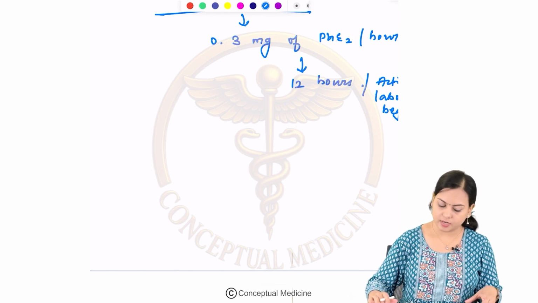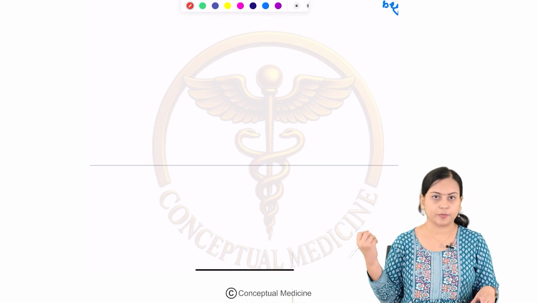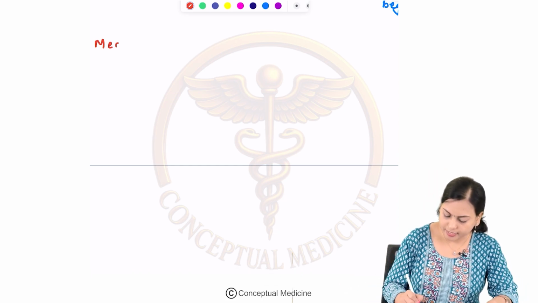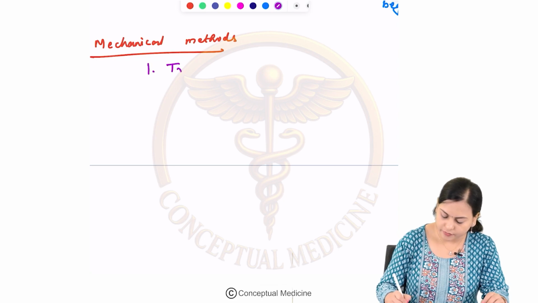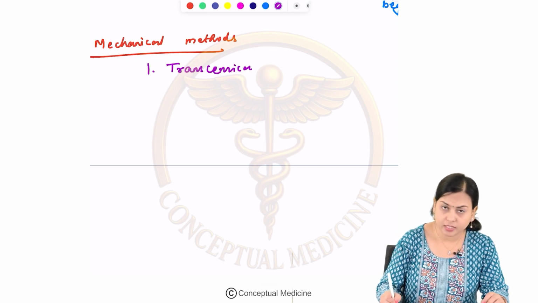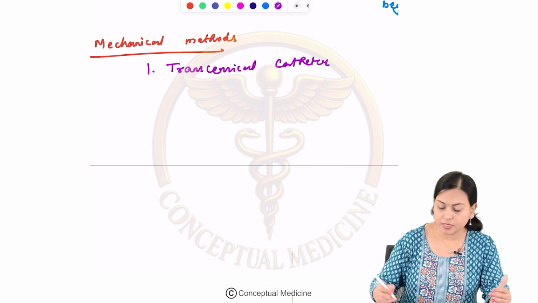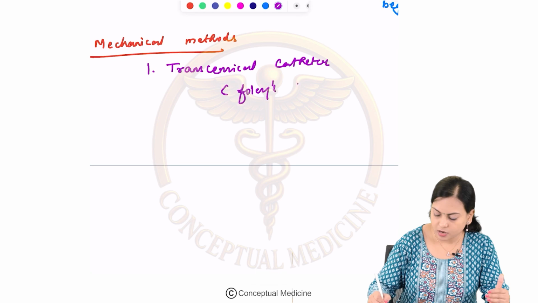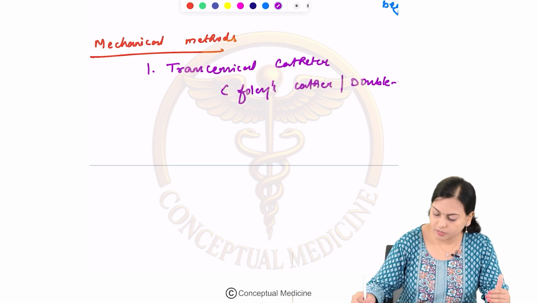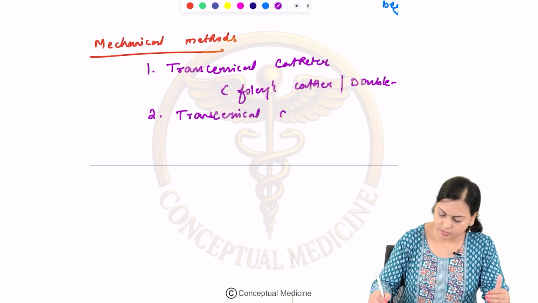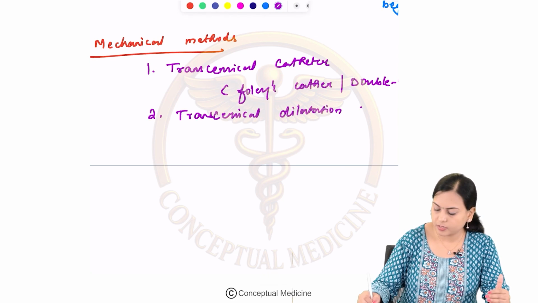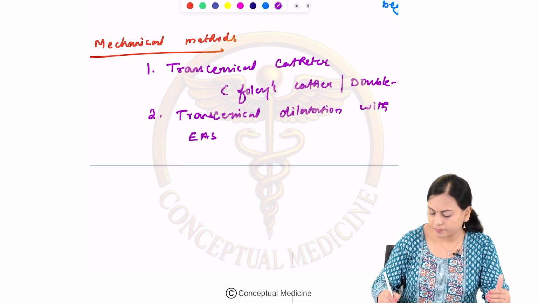Clear? Next, we have to know about the mechanical methods. Mechanical methods of labor induction include 3 options. Number 1, we can use a cervical catheter. This can be a Foley's catheter or a double balloon catheter. Then you can go for transcervical dilatation with EASI.